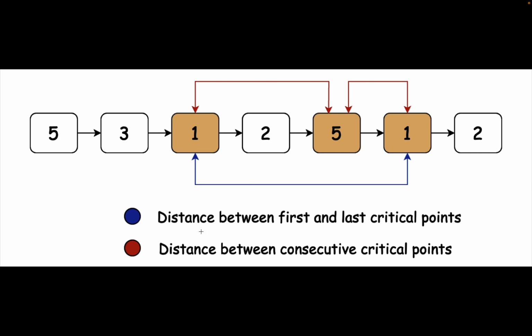So the maximum will be 3. You can see in blue what represents the distance between the first and the last critical point. So that will be the max, and the min is the one in red. The minimum will always be calculated for each pair of consecutive critical points, for example 1 and 5, and 5 and 1. So we take the smallest.